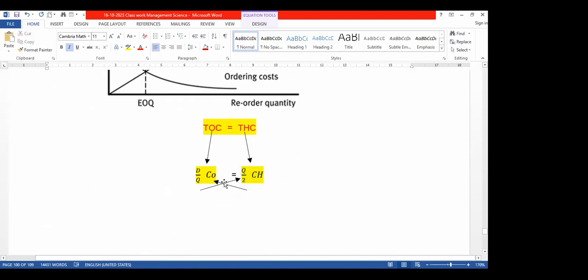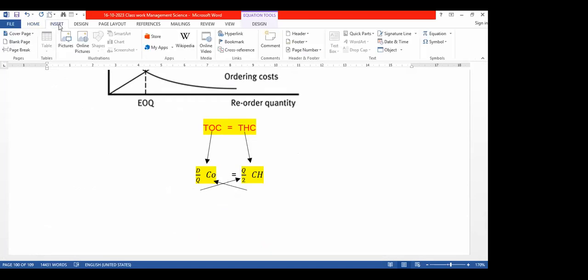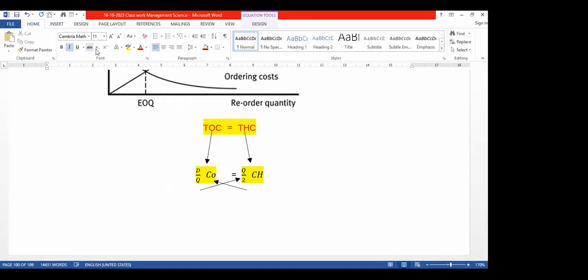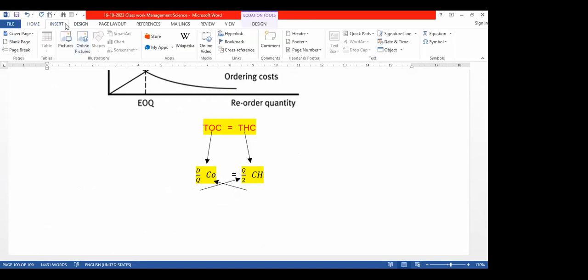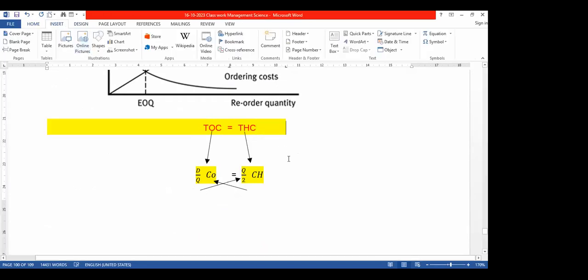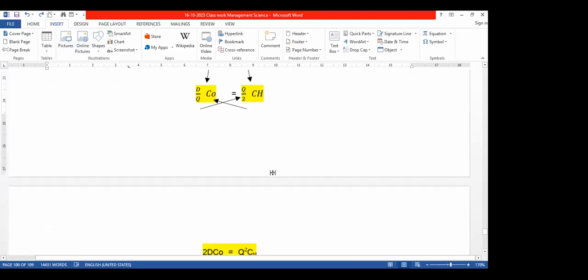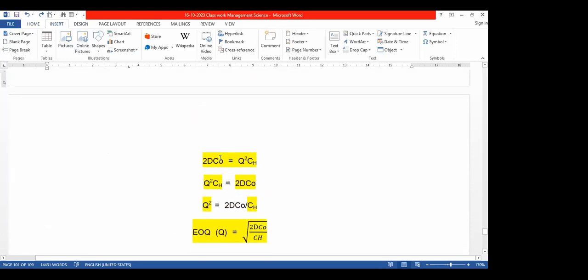So just simply the cross multiplications. You know the cross multiplication logic, denominators. Cross multiplications. So 2 is multiplied by these upper portions, Q is multiplied by this. Therefore we get 2dCO equal Q square CH.